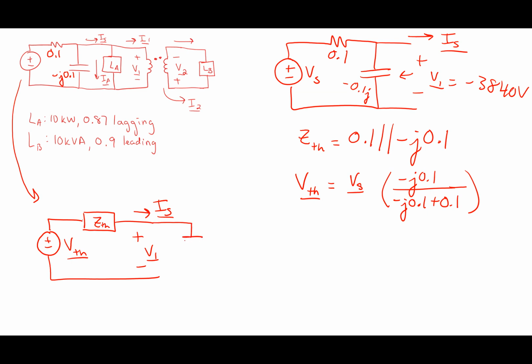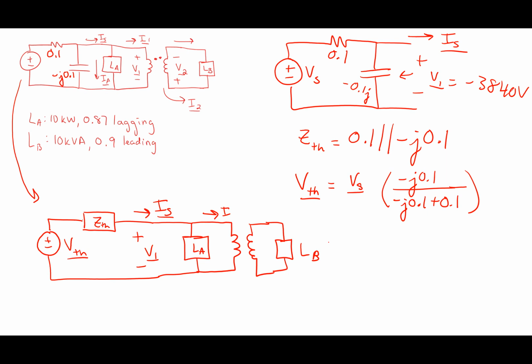And if I wanted to, I could draw in the rest of the stuff. This is load A. This is over to the transformer. So this is I1. And here's load B. So I just made a Thevenin equivalent where I replace all that stuff with this.